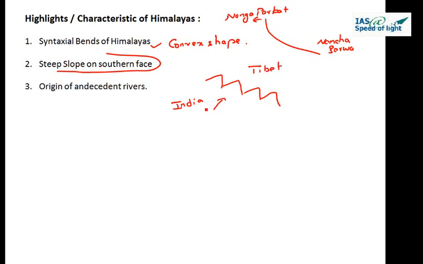If we see from the Indian side, the southern face has a steep slope, while from the northern side, the Tibetan side, it doesn't have that steep slope and has a gradual slope because of the presence of the Tibetan plateau. The whole mountain range, the Himalayas, is resting on the Tibetan plateau.